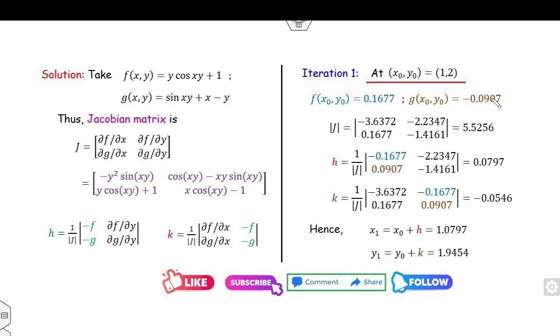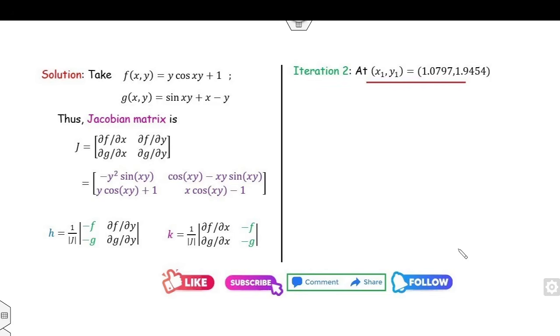Hence, the values of x1 and y1 are this. Clearly, x0 and x1 are not the same up to the 2 decimal places, so we can obtain the second iteration. Again, compute the values of f and g at the point x1 and y1 in terms of radians. Find the Jacobian matrix, find the determinant of the Jacobian matrix.